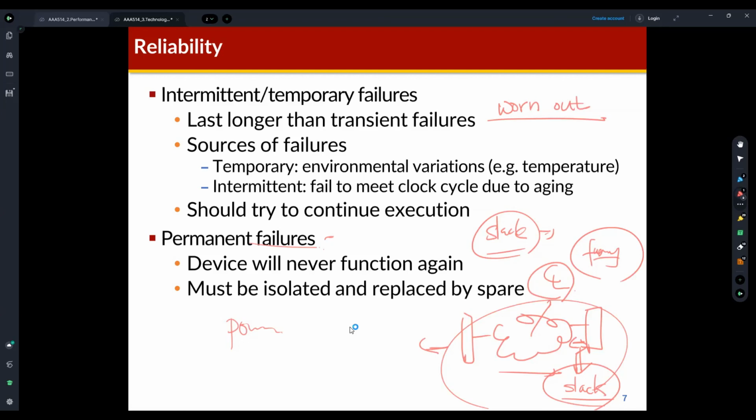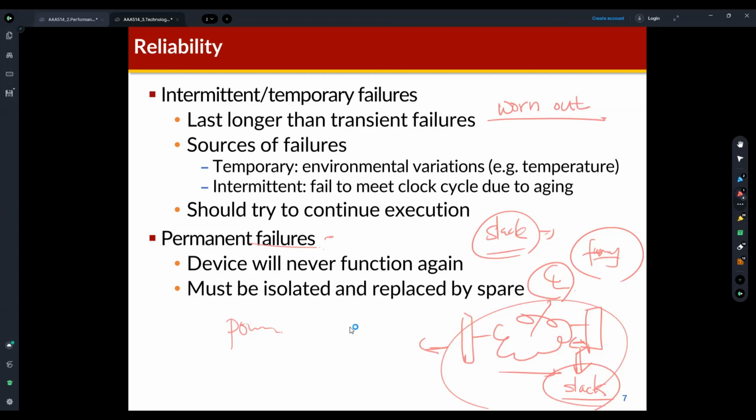Sometimes some circuits are frequently used in a very short time, and this circuit may generate some errors. This type of error is called intermittent errors. Okay.